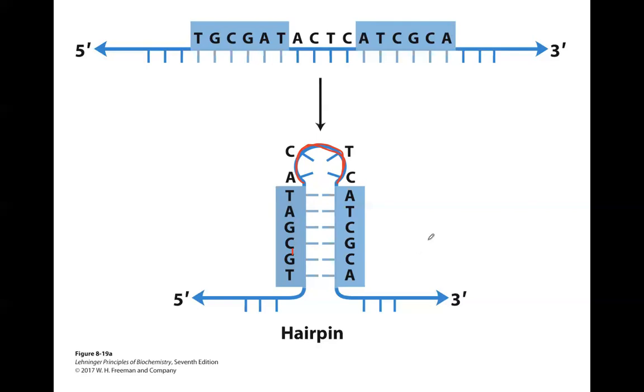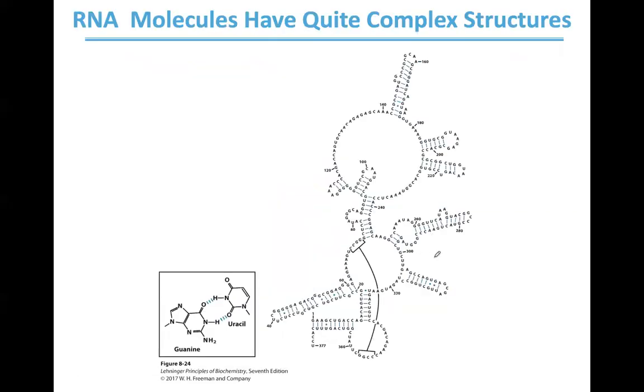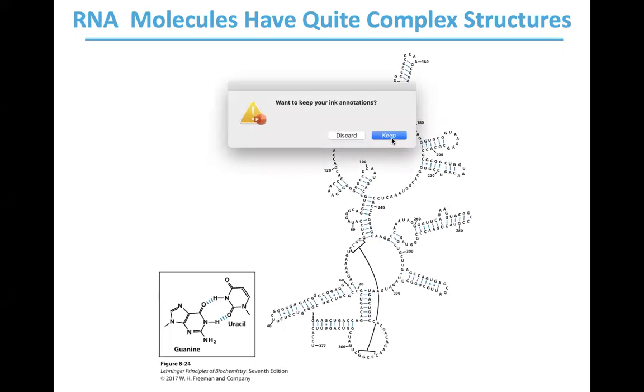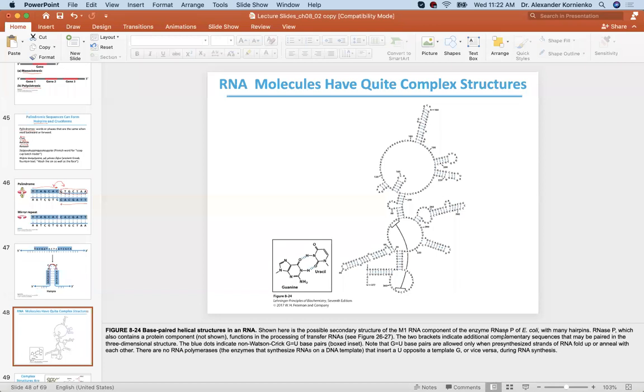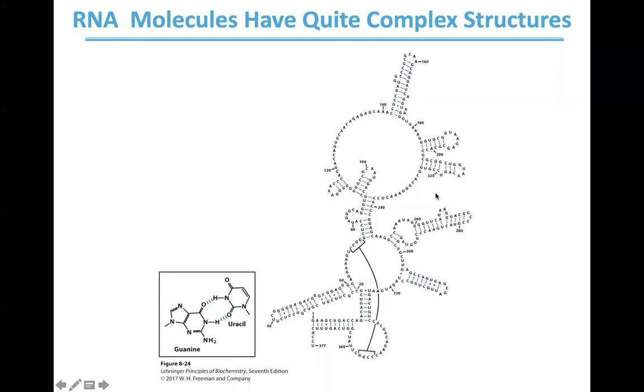So hairpins, and you can see there are lots of hairpins. So this is the structure of RNase P, I think, if I'm not mistaken. RNase P, yeah. Basically, RNase P functions in the processing of transfer RNAs, and you can see here that there are a bunch of these double-stranded regions.